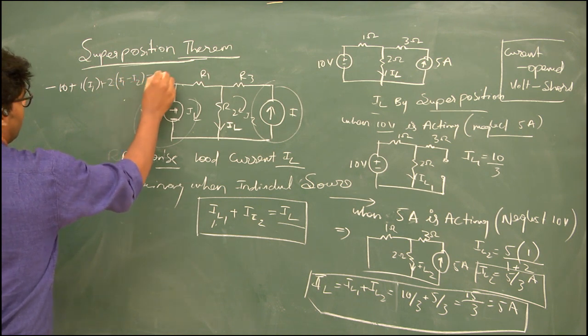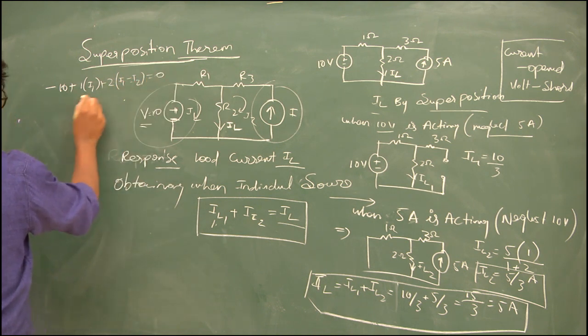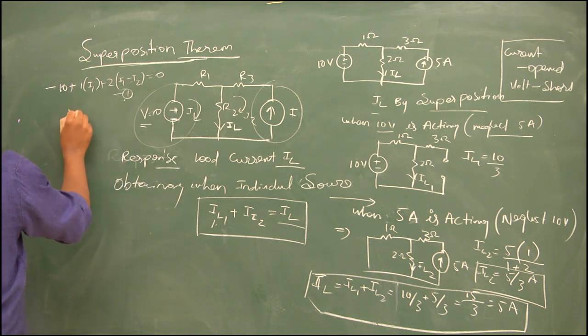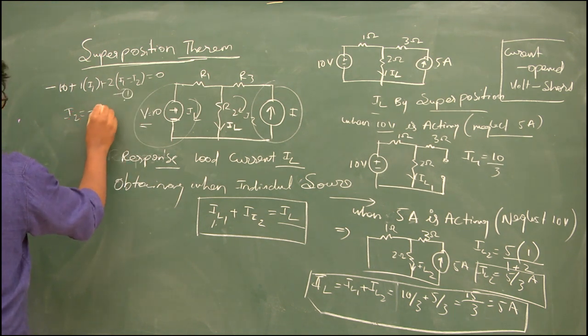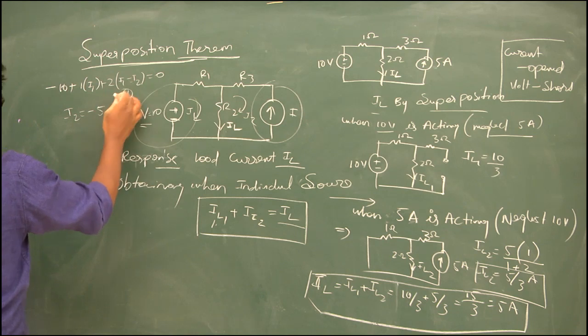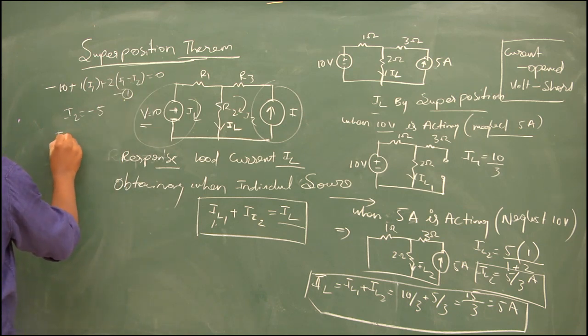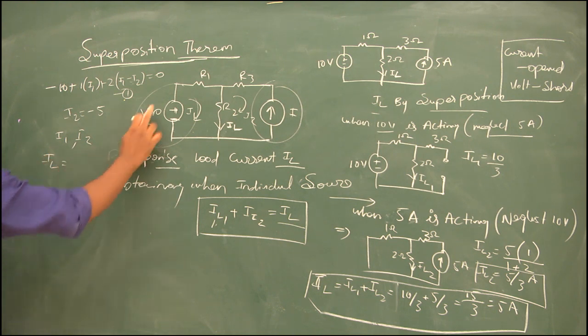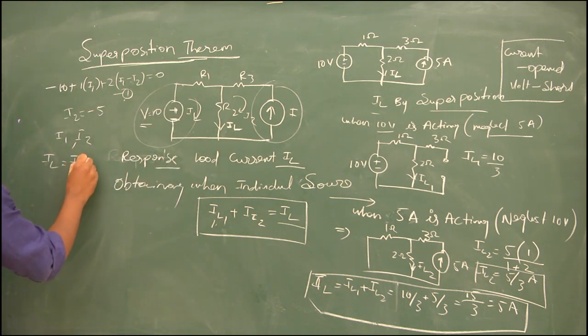This is equation 1, and this is mesh 1. From mesh 2 you have I2 equal to minus 5. Solving these two equations, you get I1 and I2. So after getting I1, I2, to find IL equal to I1 minus I2.